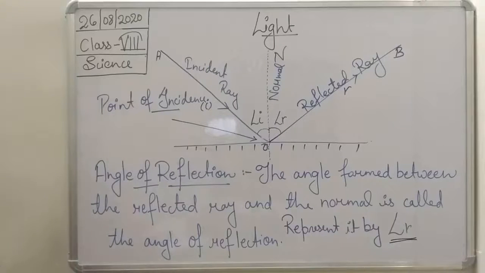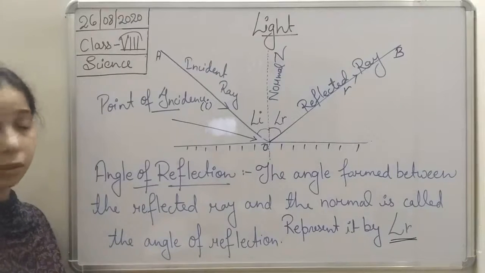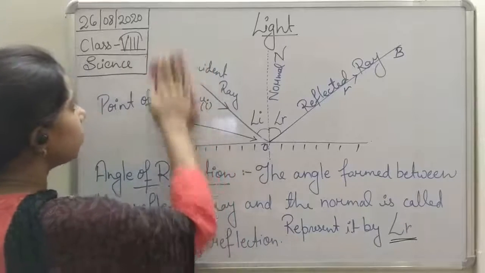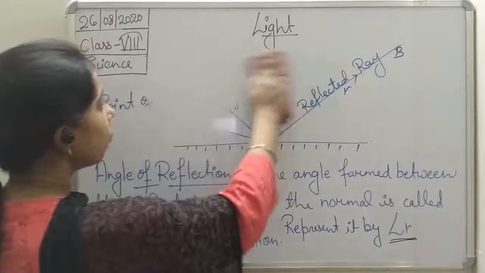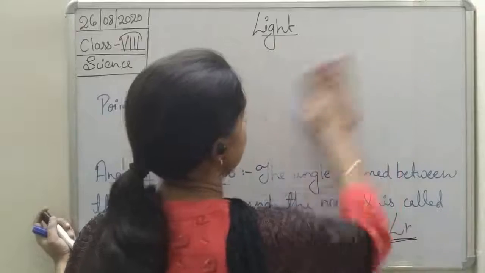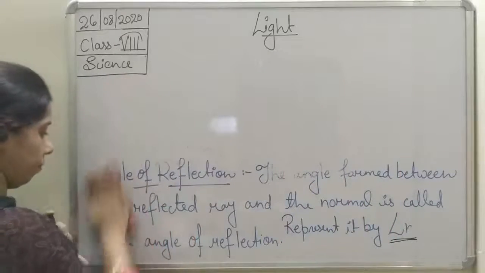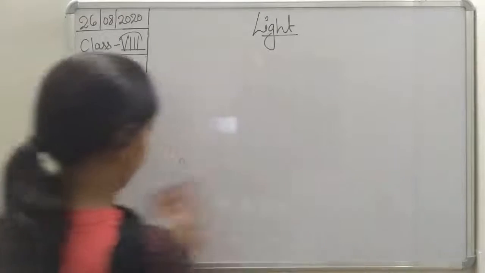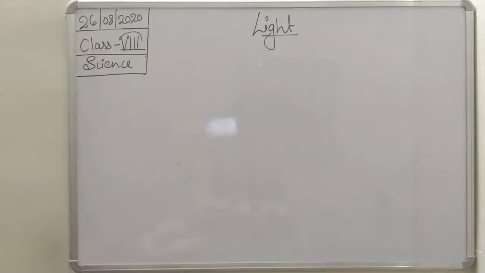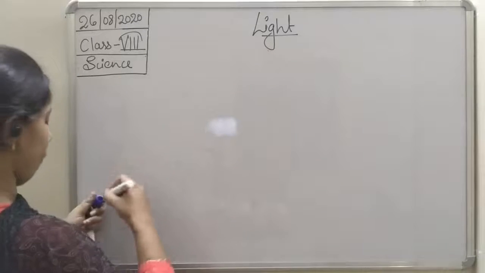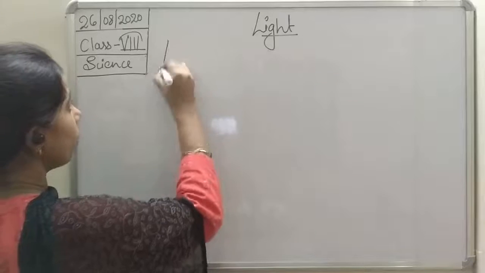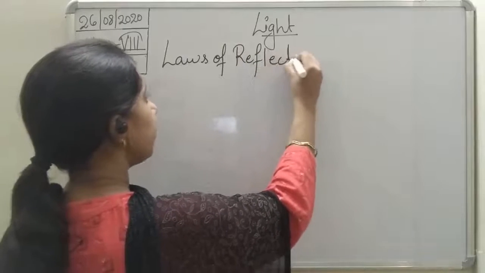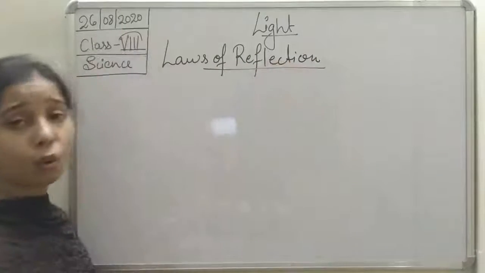Now students, we will move to another topic, and that is the laws of reflection. Here we discussed the terms related to reflection. Now we will talk about the laws of reflection. Basically, students, there are two laws of reflection.